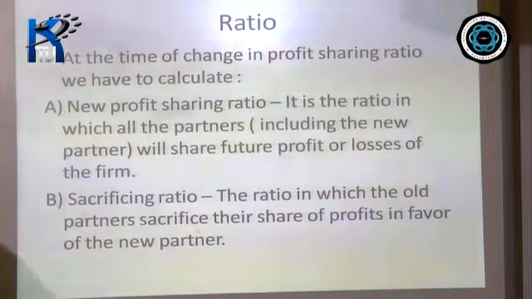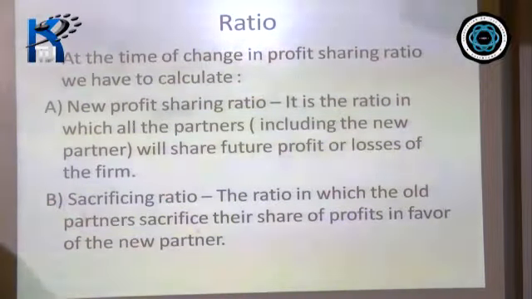How do we calculate this? Geeta's new share will be 3/4 into 5/8, and Babita's new share will be 3/4 into 3/8. If you calculate this, it comes out to be 15/32 and 9/32.